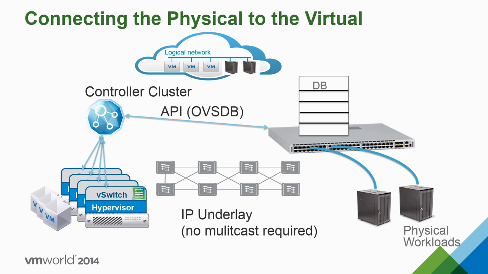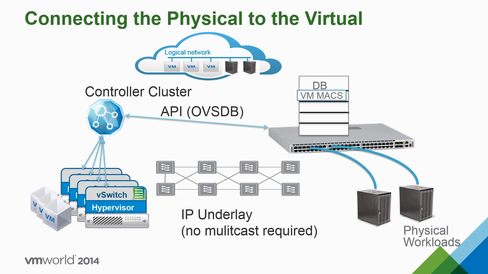Now, OVSDB is actually a database protocol, and there's a little tiny database sitting on the switch. It's a piece of open source code that our partners can leverage, and that database is used for both the switch and the controller to exchange information. So, for example, the controller knows where the virtual machine MAC addresses are, and so it takes that information and writes it into the database.